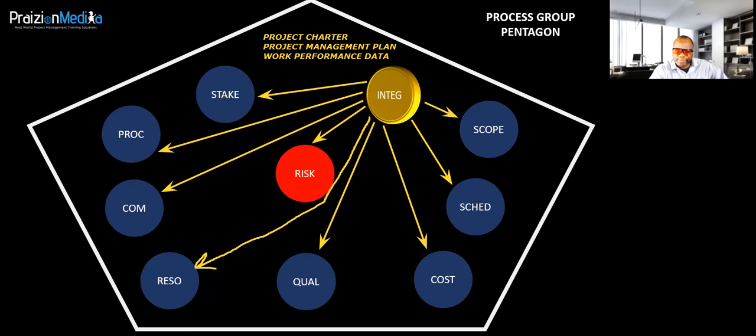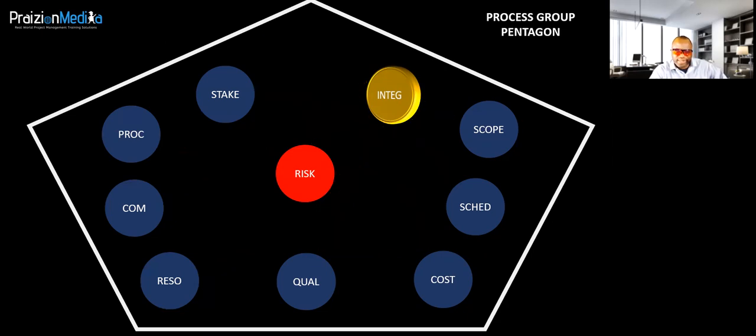Okay. So after doing this from integration to all of these knowledge areas, I want you to go to the next level. And the next level is to ask the question, how does stakeholder contribute to integration? Is there anything I get from here that I would use here? And I want to show you how to think about this.